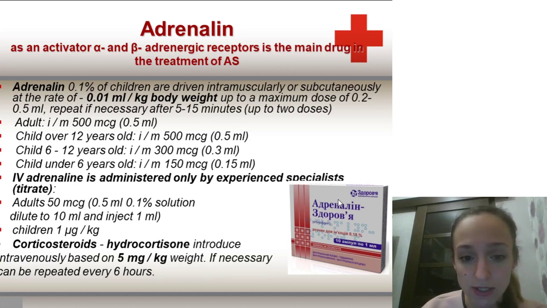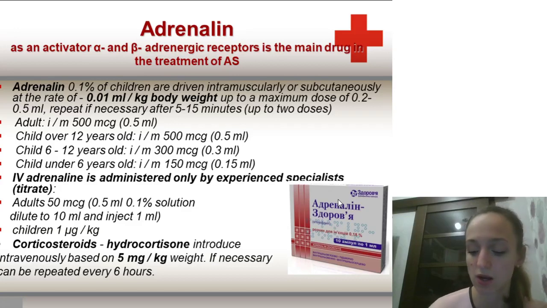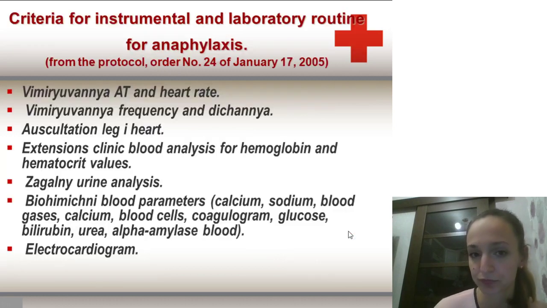Adrenaline is administered only by experienced specialists, for adults and children. Corticosteroids: hydrocortisone is introduced intravenously, based on 5 millimeters per kilogram weight. If necessary, it can be repeated every 6 hours. And this is a picture of adrenaline medication in our pharmacies.